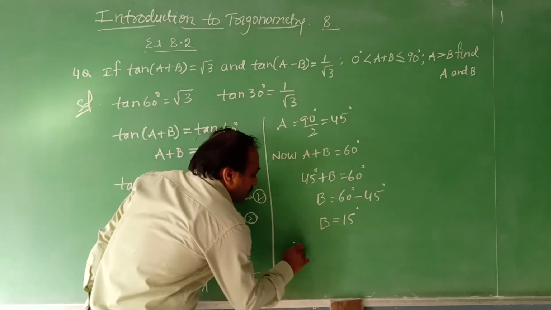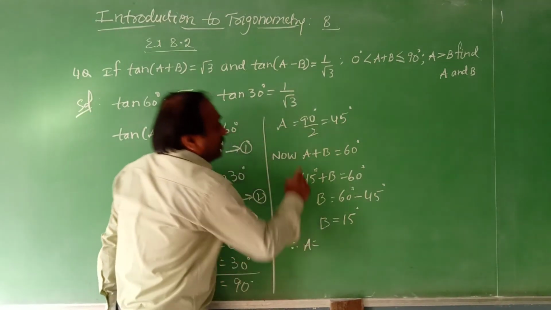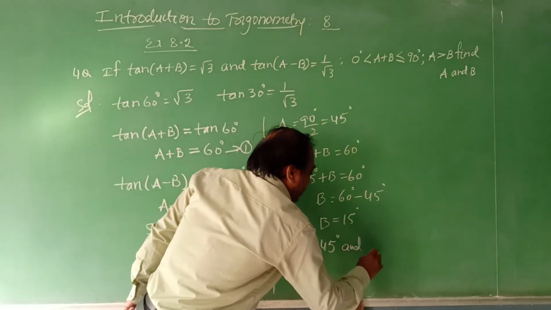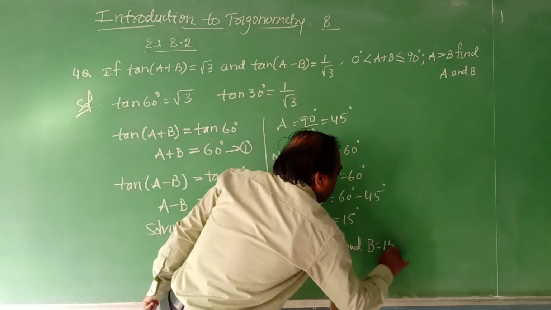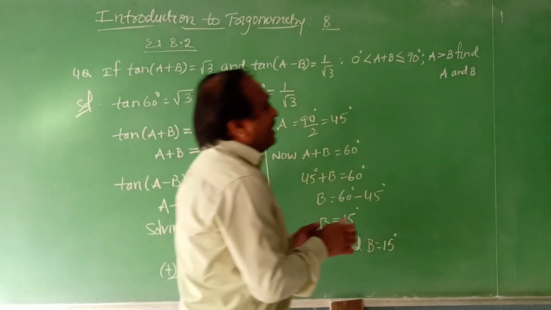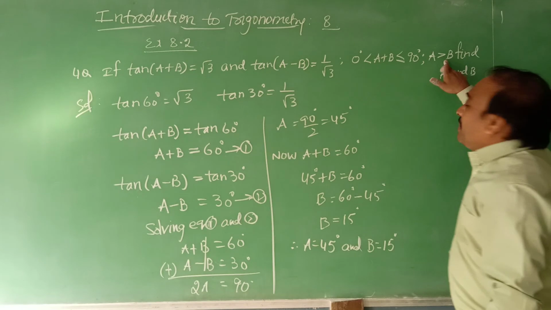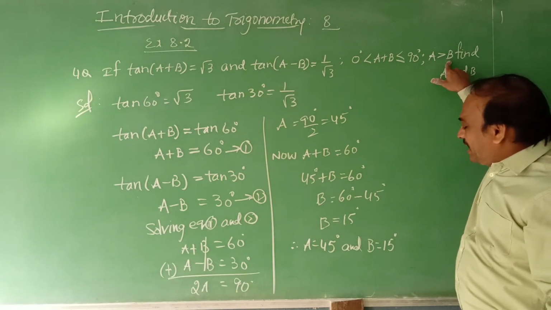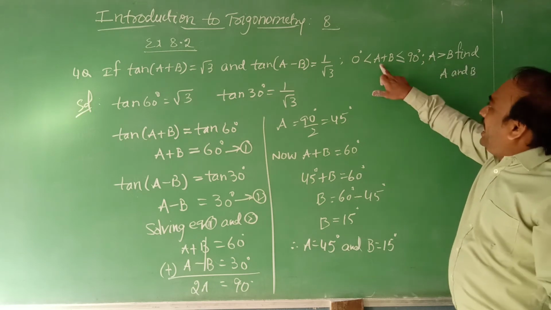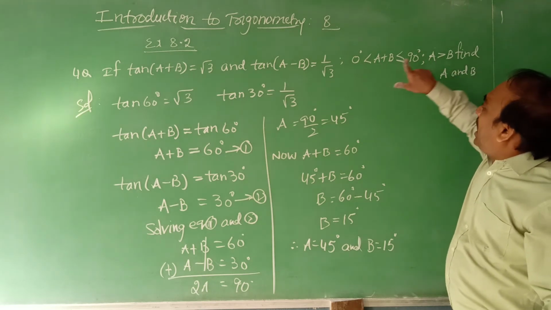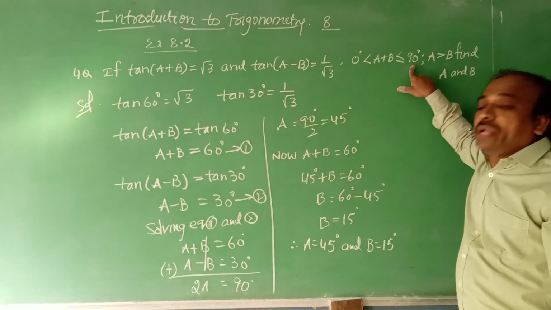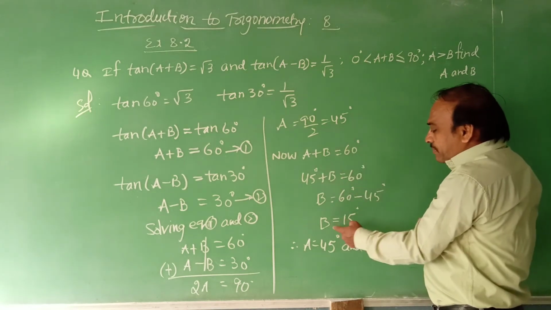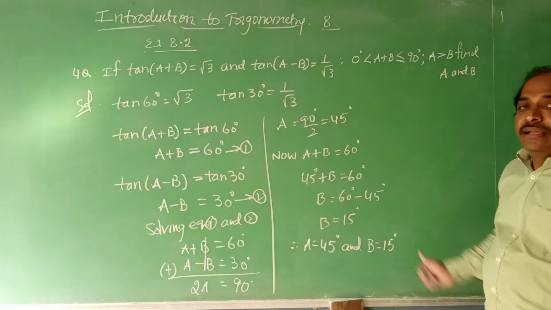Therefore the measure of a is 45 degrees and b is 15 degrees. Even the question gave a is greater than b, and a plus b lies between 0 and less than or equal to 90. So the value of a is 45 degrees and the value of b is 15 degrees.